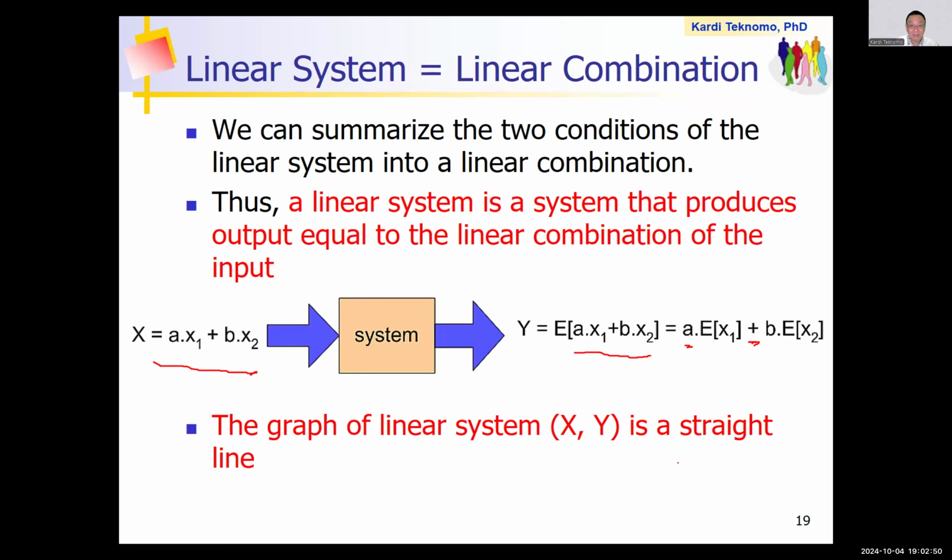So this is the definition of a linear system. Is that okay? Is there any confusing part here? For a linear system, usually the graph is a straight line.